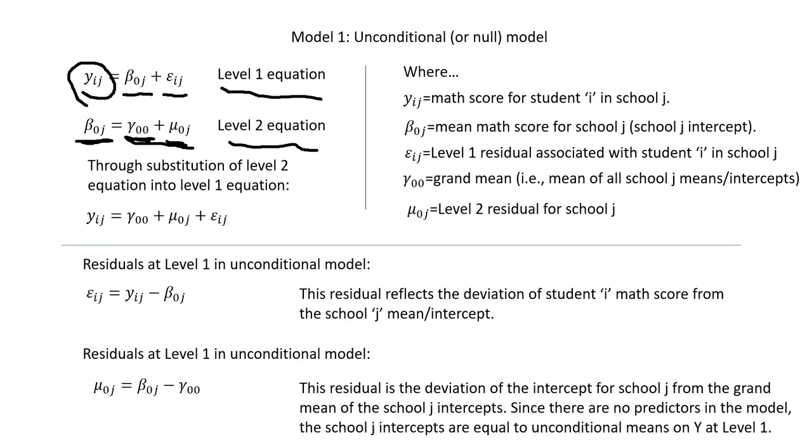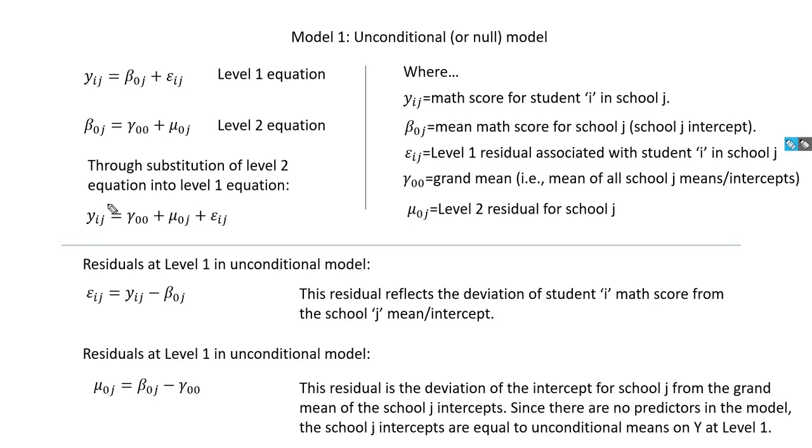Notice too that this component is going to be important. This is reflecting the residual at level 2. Later on, if we find that there are differences between schools, we may add predictors of the variation in school intercepts or school means, identifying potential school level characteristics to predict that variation.